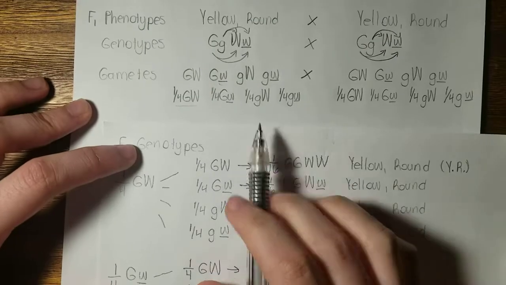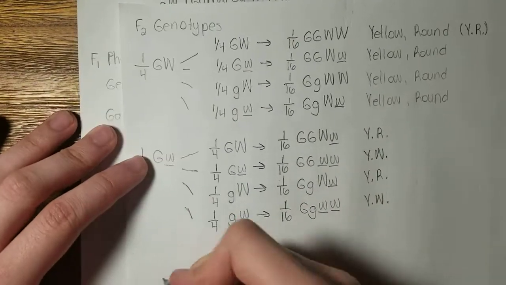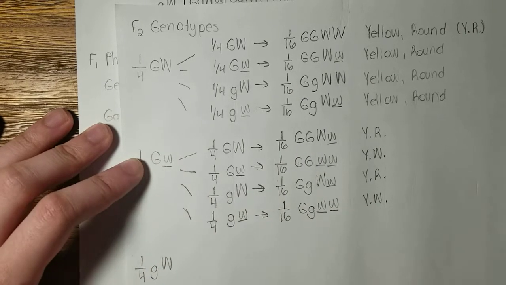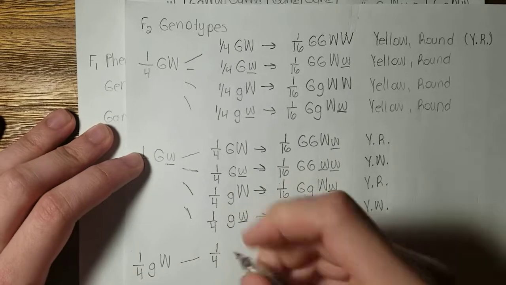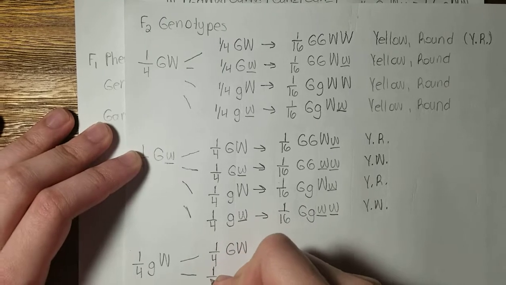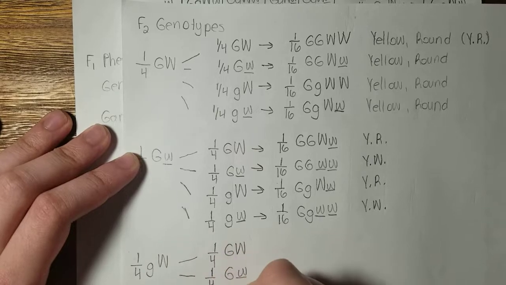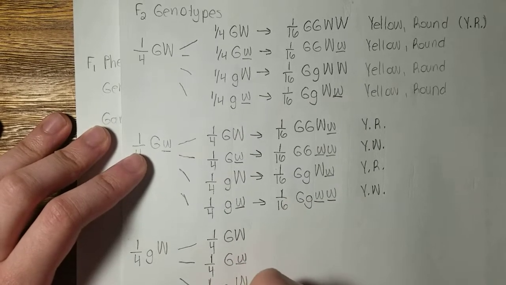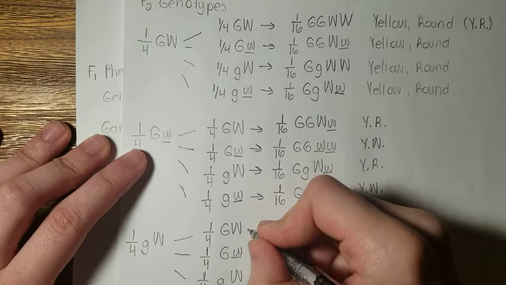Doing it for the next one, 1/4 little g big W. Crossing it with the rest of them. So we get 1/4 big G big W, 1/4 big G little w, 1/4 little g big W, and then 1/4 little g little w.